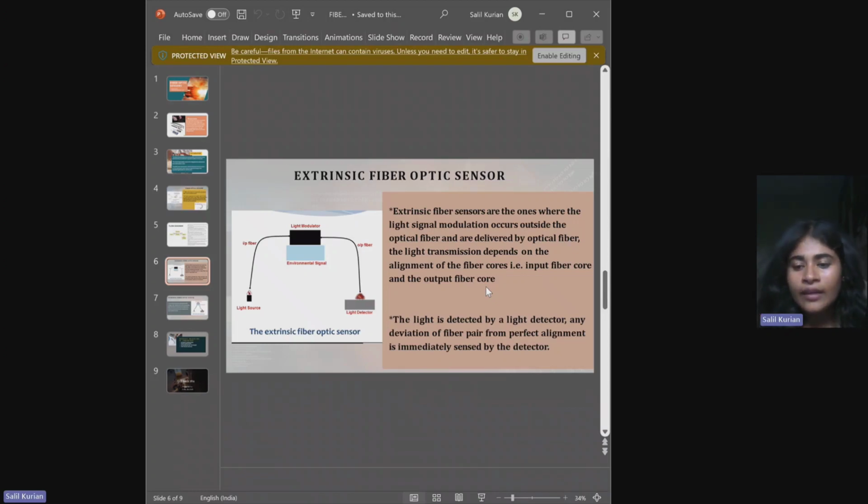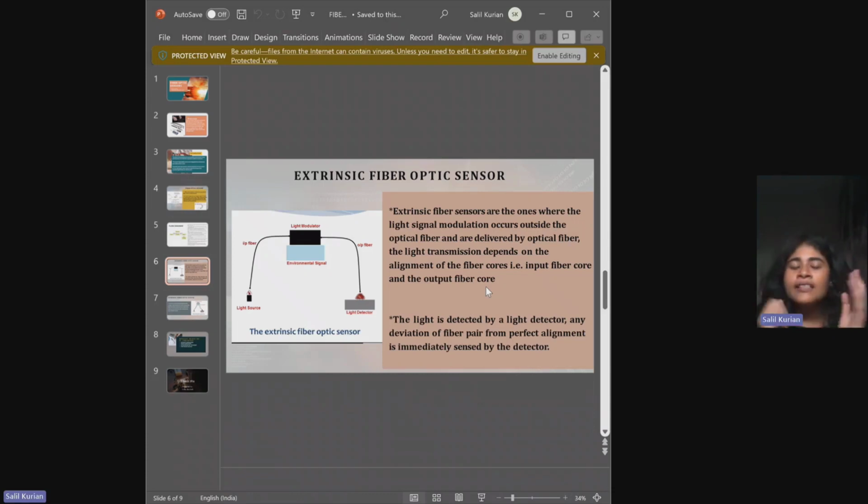The light interacts with an external sensing element, which could be a physical transducer like a pressure sensor or a temperature sensor. It is an integration of two sensors, that is, a fiber optic sensor and a pressure sensor or a temperature sensor.